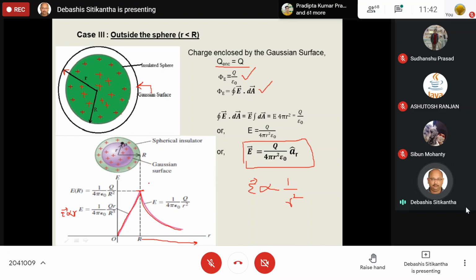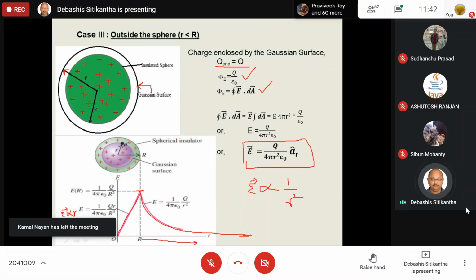As you move very far from the center of the conducting sphere, the electric field is going to drastically reduce, and as you move towards infinity, this value is going to be 0. So we can say that at infinity, the electric field coming out of a positive charge is going to be 0. Everybody has understood, I hope.